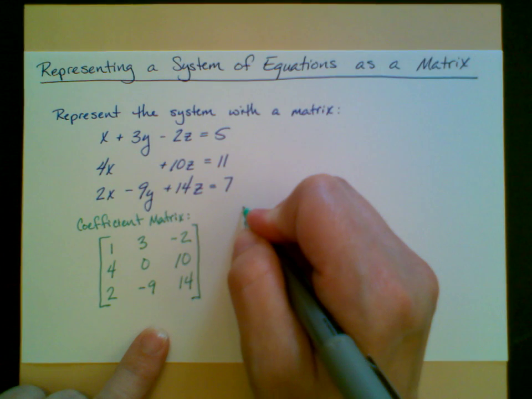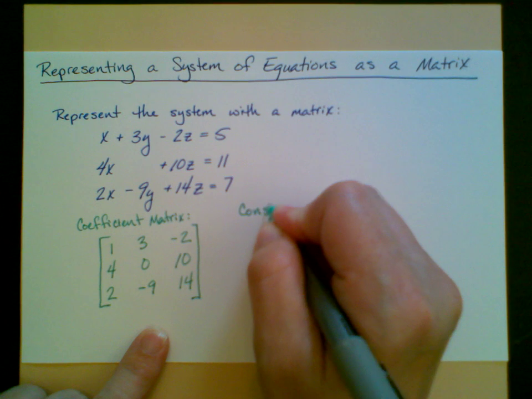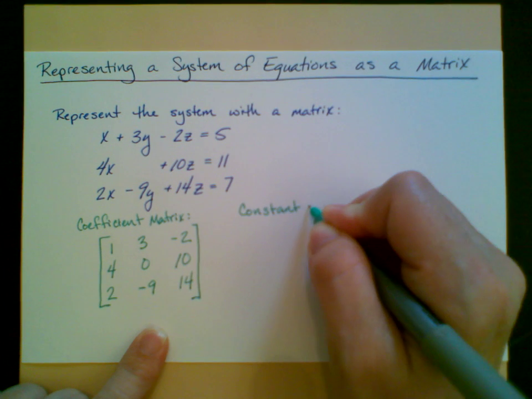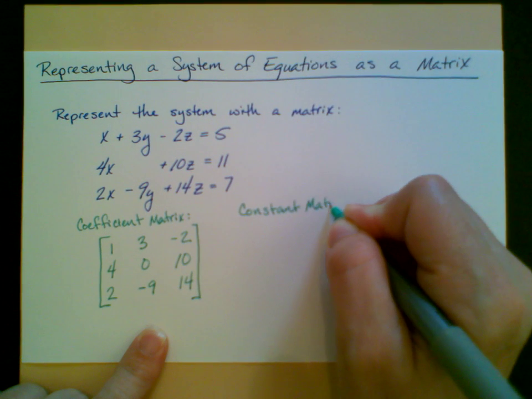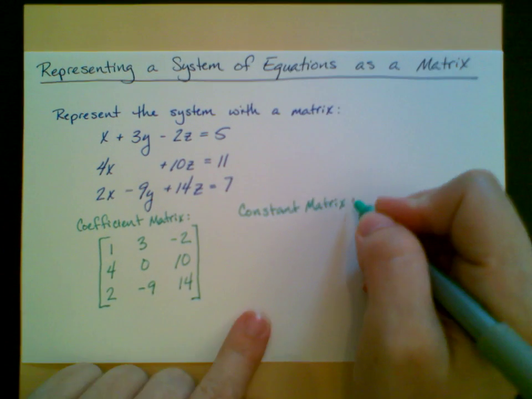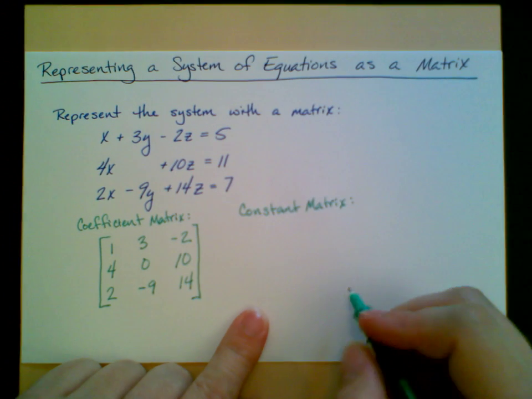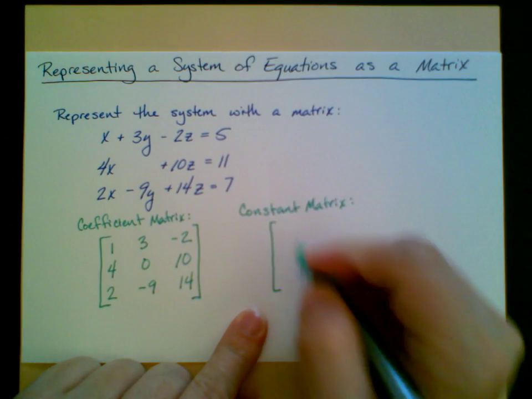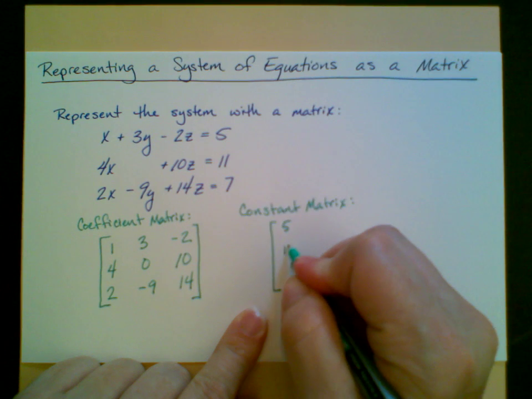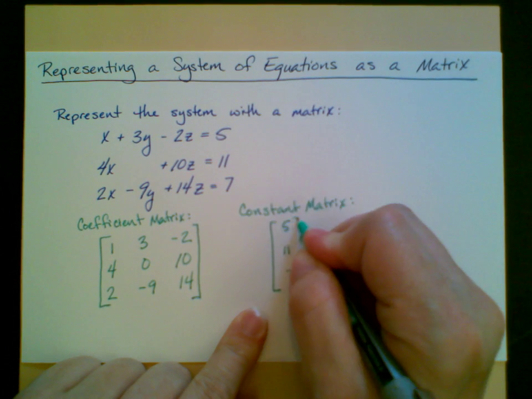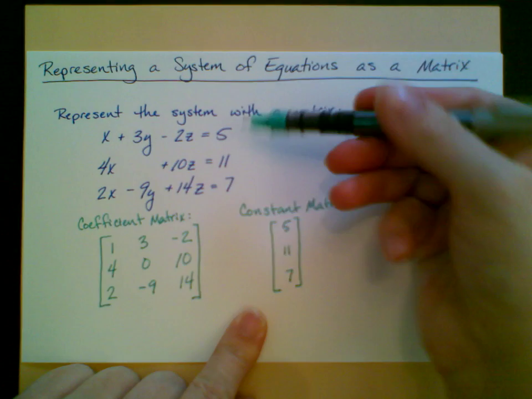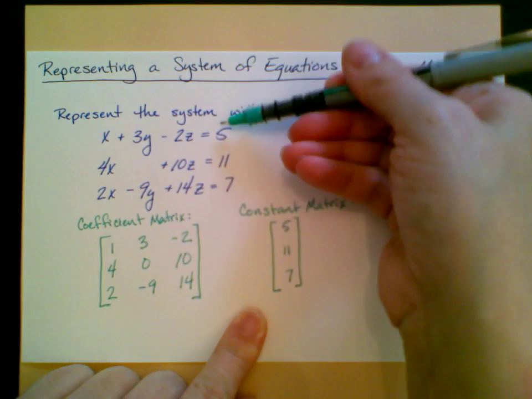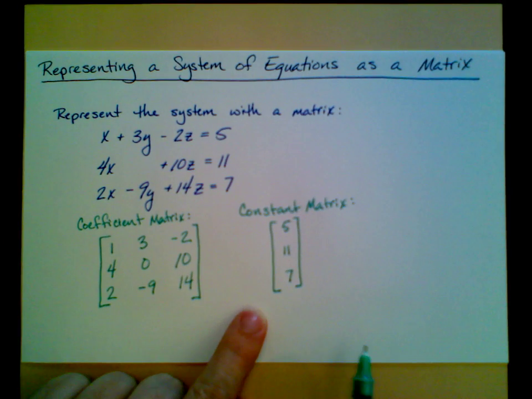And then I can also, I have ignored the other side of the equations actually. I can make a constant matrix with a 5, 11, and 7. And that represents the right-hand sides of all of my equations.